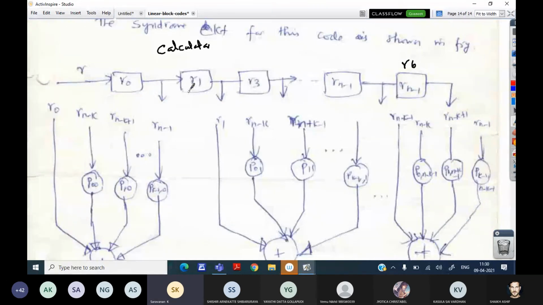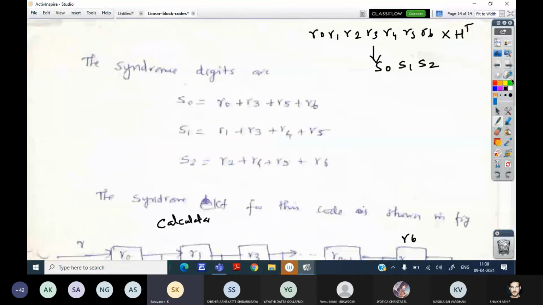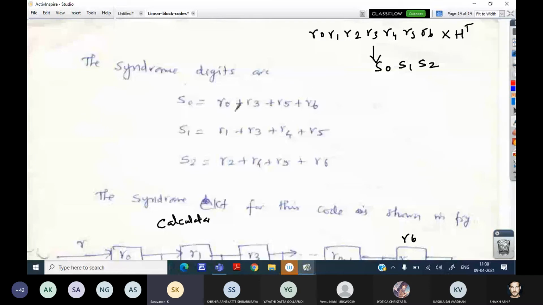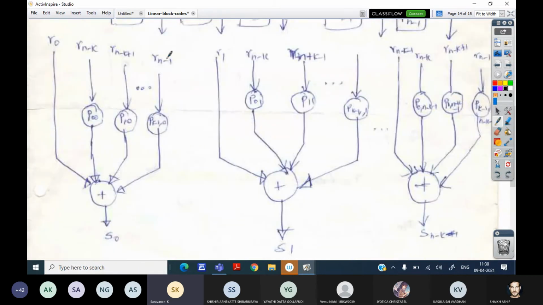So next, I have already computed my S0, S1, S2 in terms of the received vector bits. The same thing I am going to do now. Whether I am going to connect this or not depends.